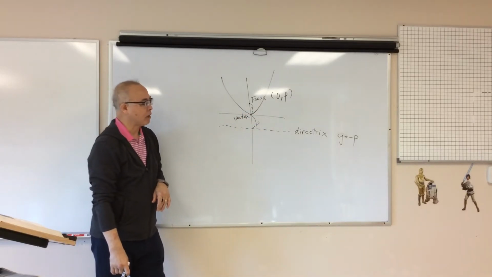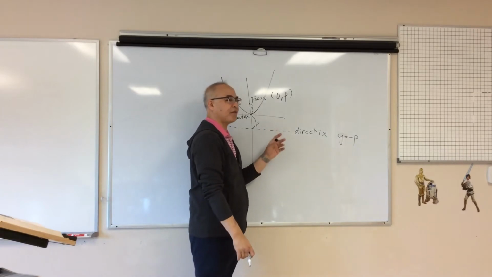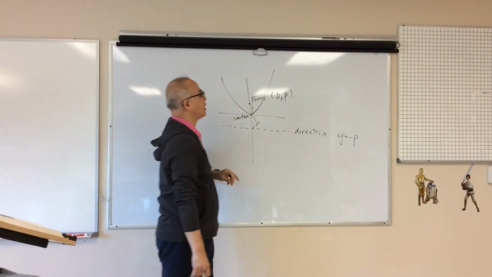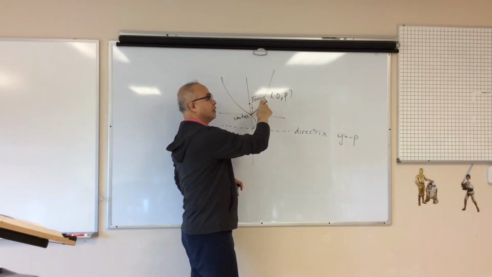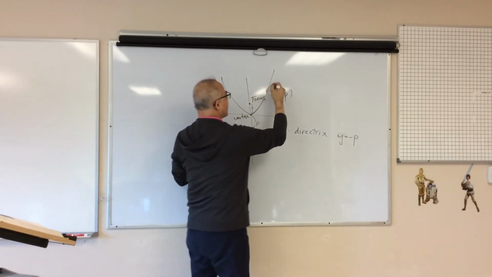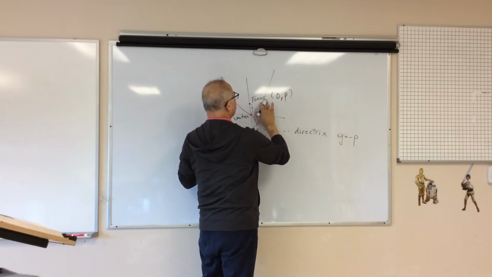So, let's use this definition. The definition of a parabola is that any point on a parabola is, if you take a point here, well, let me go ahead and redraw this.